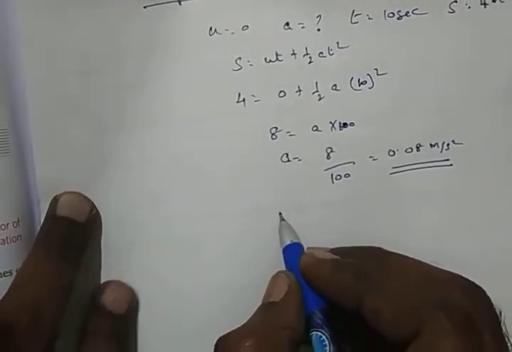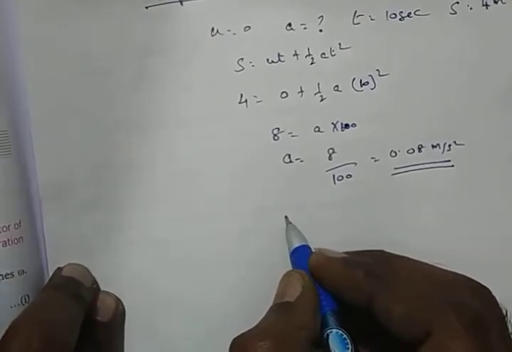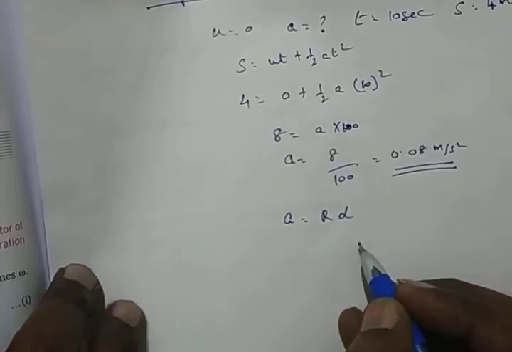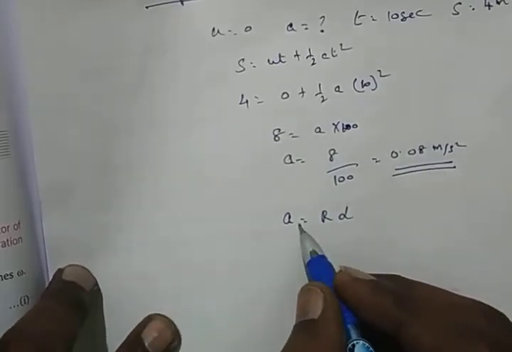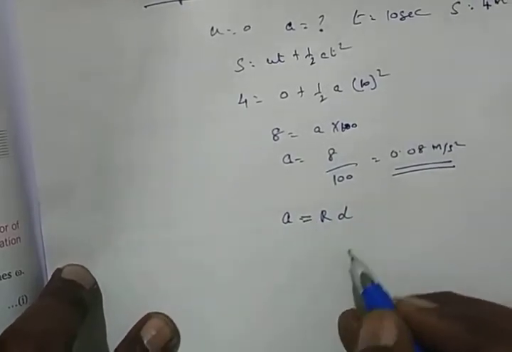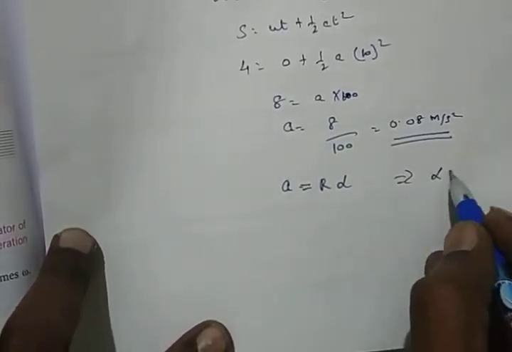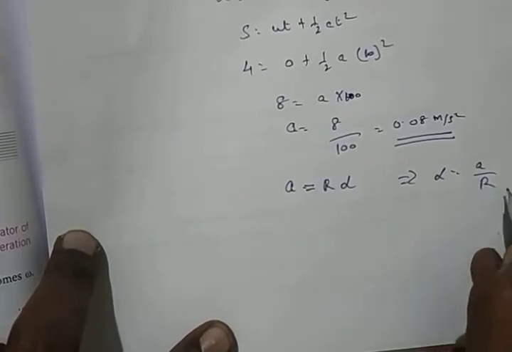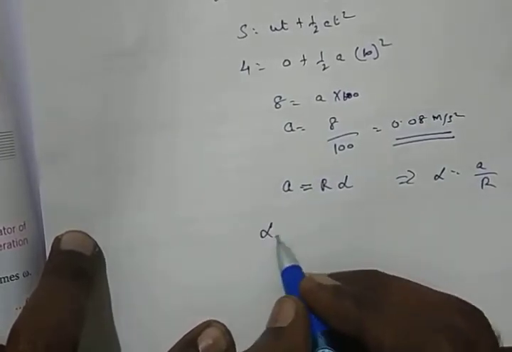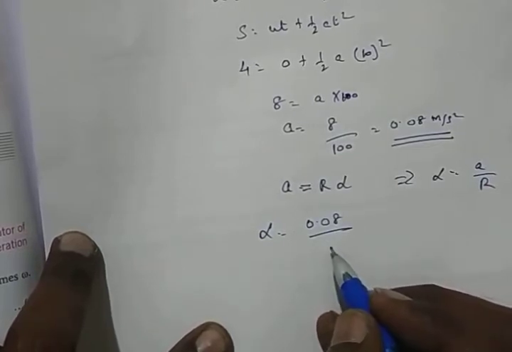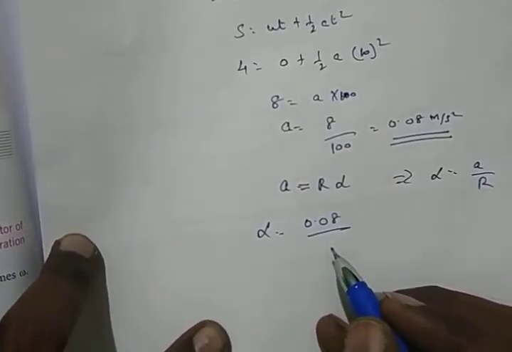What is alpha? Okay. Acceleration A is going to be equal to R into alpha. We already know linear acceleration is equal to radius into angular acceleration. So you can find out alpha here, which implies alpha is going to be equal to A by R. So alpha is going to be equal to 0.08 upon the radius, the radius of this one is 0.5.